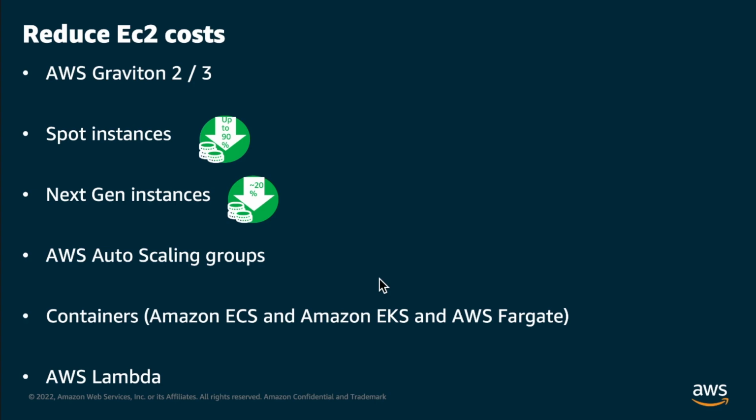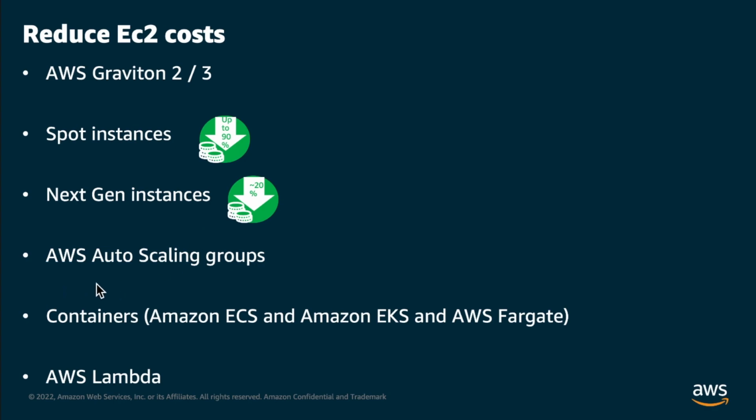So moving from one generation only, for example, M4 to M5, you have an average of 10% cost performance improvement. So if you move further, the cost reduction is going to be even more. It's an average of 20% between generations.